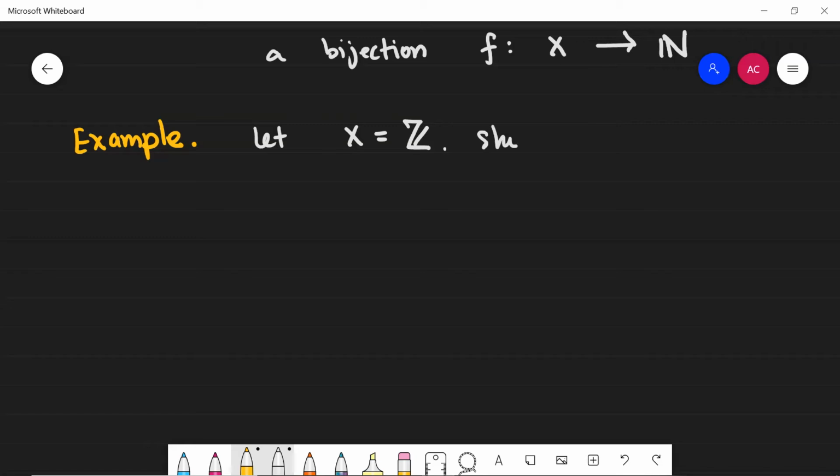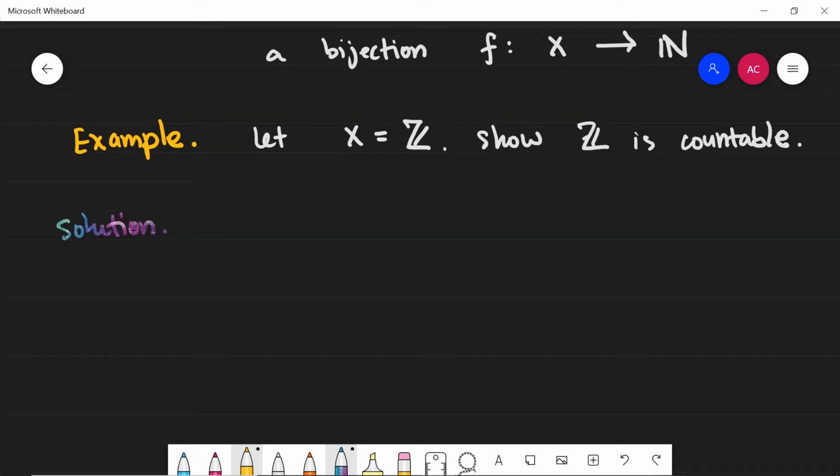Let's show that Z is countably infinite, or sometimes people just say countable. Instead of saying countably infinite, people just might say Z is countable, or likewise, R is uncountable. But in this example, let's show Z, the set of integers, is countable. So what I need to do is find a bijection from Z to the naturals.